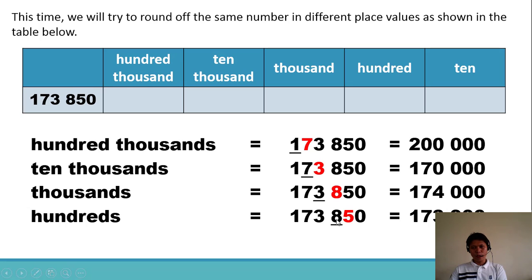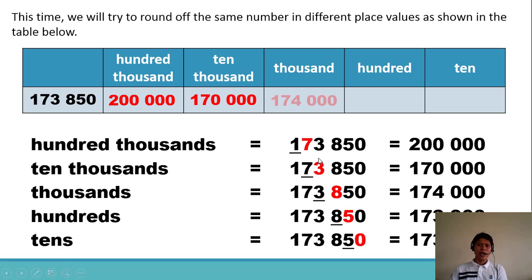So we add 1 to 8. So 8 becomes 9. So it is 173,900. And in the tens place is 5, and the digit to the right is 0. So you just retain or copy 5, and it is the same, 173,850. So these are the answers.